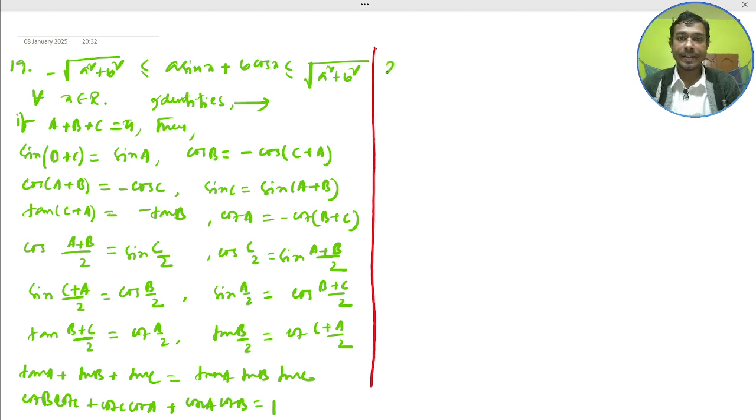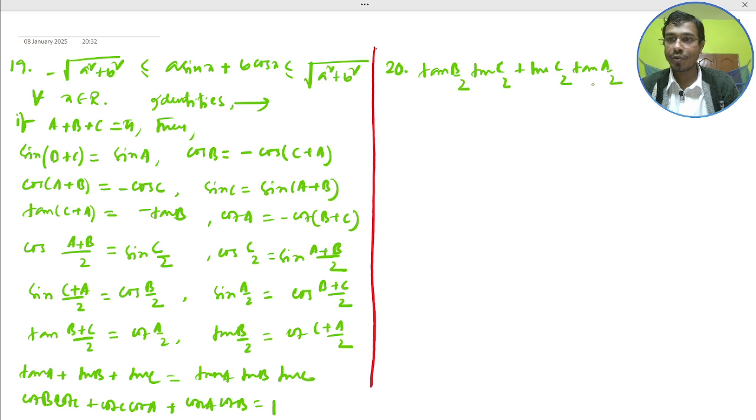And other identities are: tan b by 2 into tan c by 2 plus tan c by 2 into tan a by 2 plus tan a by 2 tan b by 2 is equal to 1.